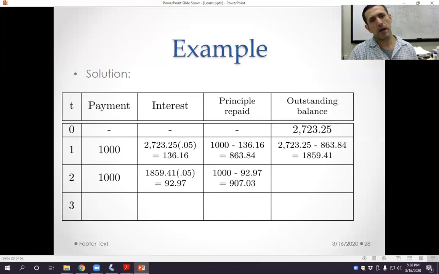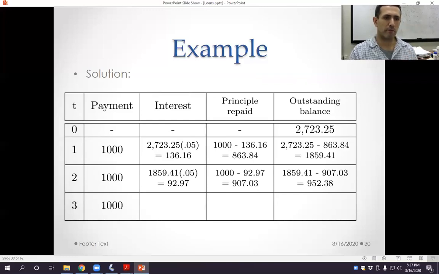You've got to pay that back before you start chipping away at your principal. So you have 907.03, 1,000 minus interest, to put towards your principal. You subtract this off, so now you owe 952.38 at the end of the second year. And that's how much, if you had the money, you could pay the loan off with at the end of the second year.